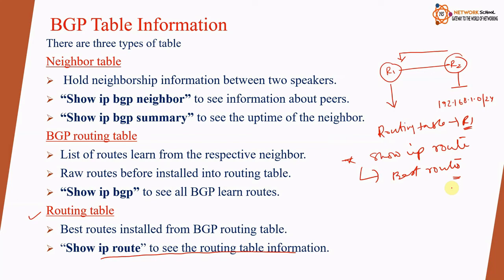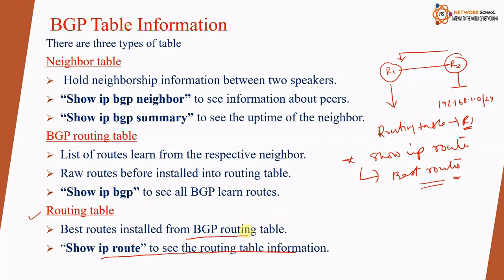For the time being, just remember that the routing table is a table where you will have all the best routes installed from the BGP routing table, and these best routes are used by the router to take routing decisions.